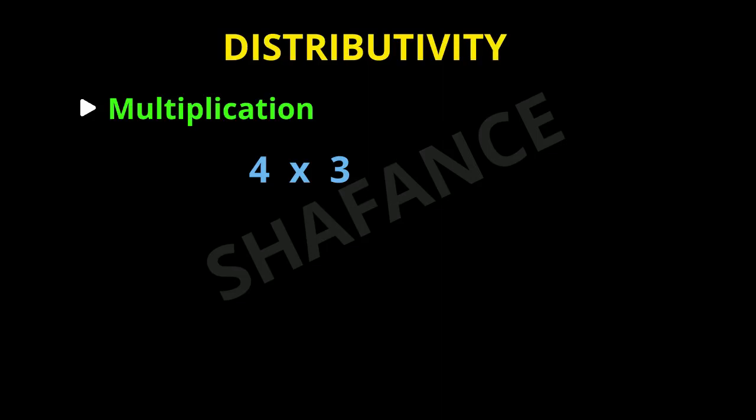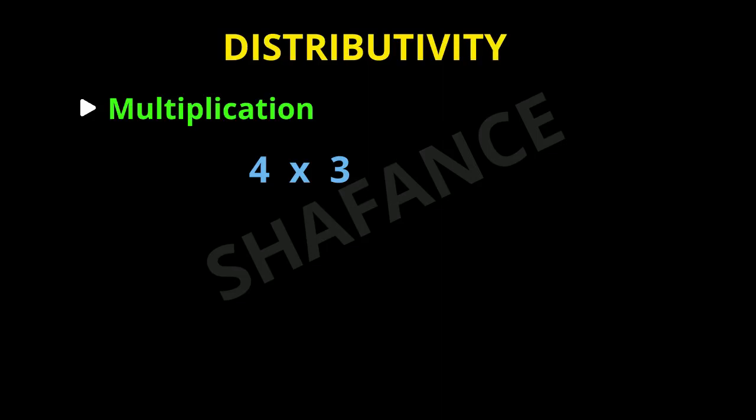The number of places we move from 4 depends on the second number, that is 3. So we will move 4 places 3 number of times. And if 4 multiplied by 5 is there, then we'll move 4 places 5 number of times. So the multiplication operation actually interlinks the numbers.